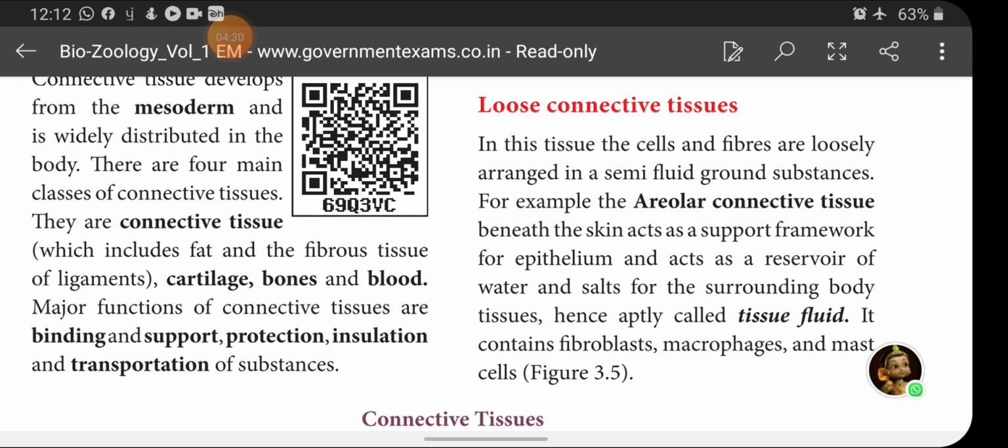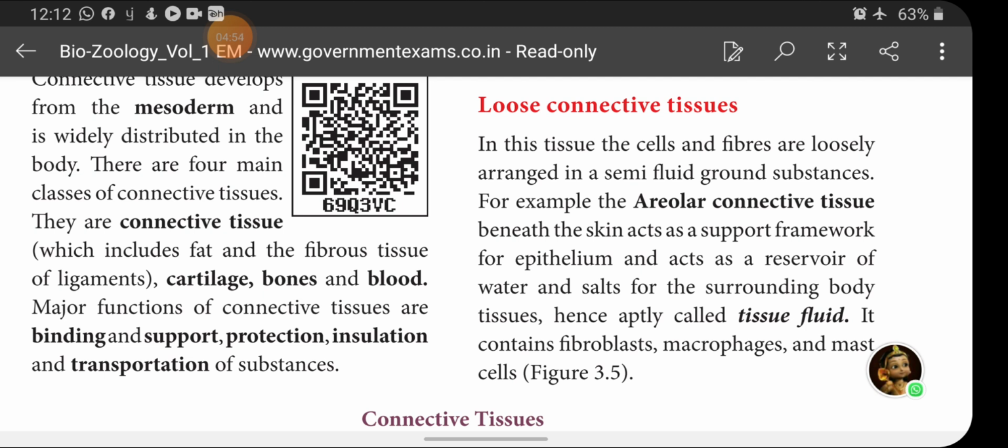An example for loose connective tissue is areolar connective tissue, which is present beneath the skin and acts as a support framework for epithelium and as a reservoir of water and salt for surrounding body tissue, hence aptly called tissue fluid. You will get a question like which tissue is called tissue fluid and why.